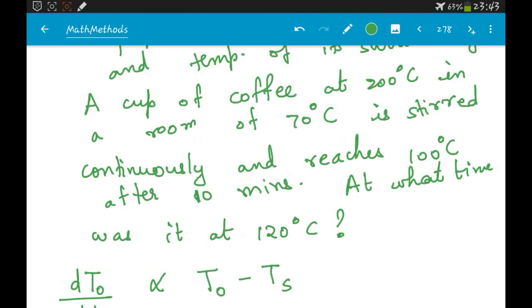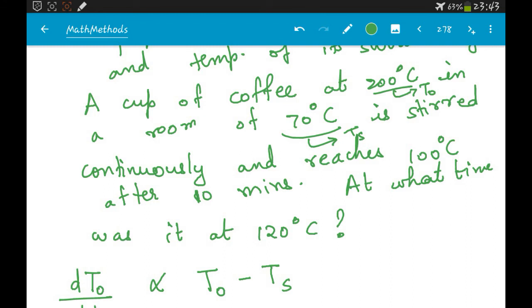But there are some other conditions also given. A cup of coffee at 200 degrees. So the coffee was originally at 200 degrees in a room of 70 degrees. So T0 is 200, and the surrounding is 70 degrees. So this is Ts. It is stirred continuously and reaches 100 degrees after 10 minutes.